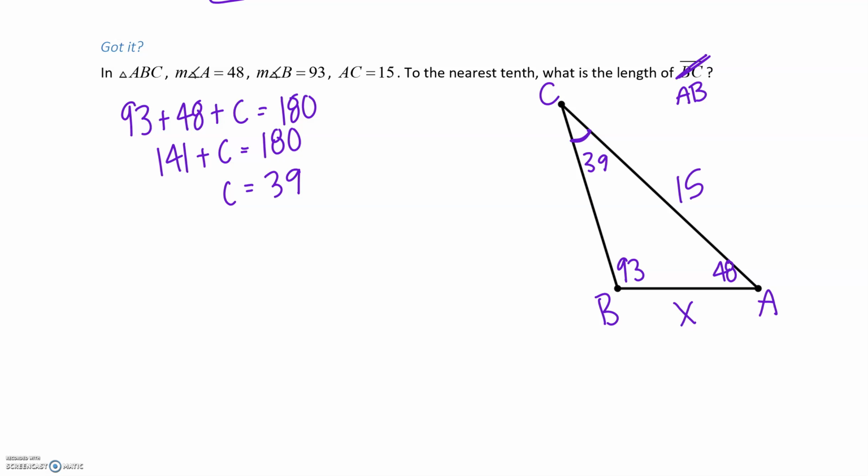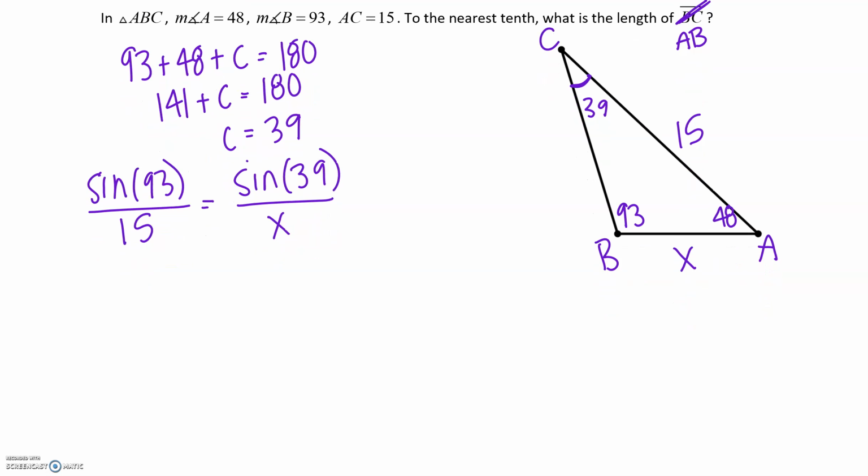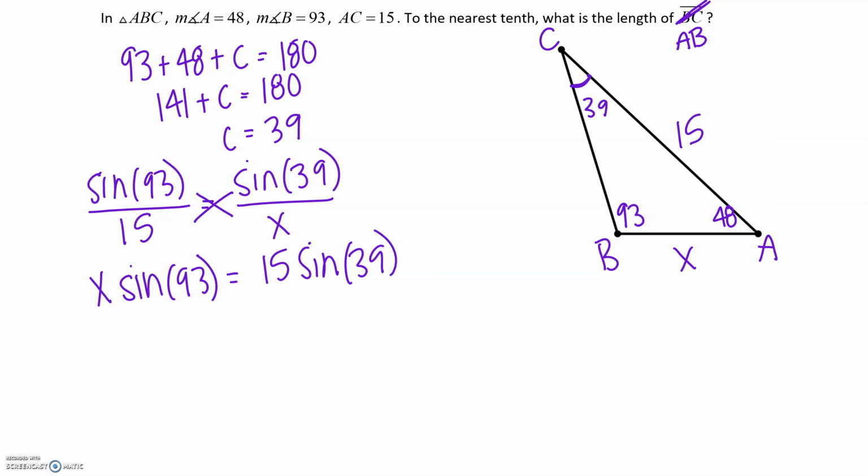So we're still going to compare this sine of 93 over 15 equals the sine of this 39 over X, okay? So we are going to cross multiply, which leaves us with X times sine of 93 equals 15 sine of 39.